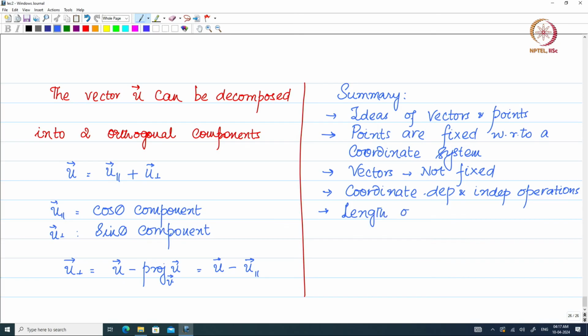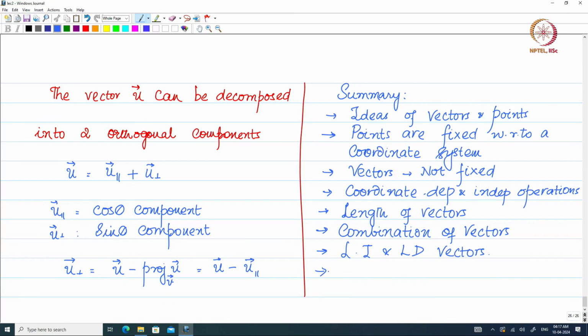Then we looked at combining vectors, linear combinations, and the idea of linearly independent and linearly dependent vectors, and how the angle between the two vectors comes into play. If they are along the same direction, they are parallel vectors, then they are dependent vectors. Any angle other than 0 gives linearly independent vectors.